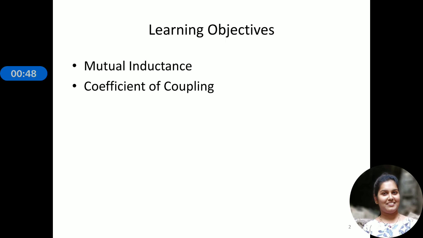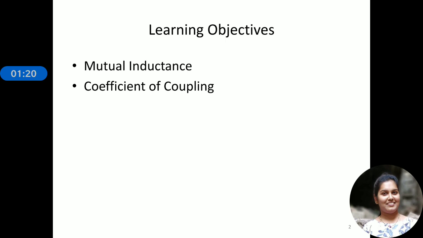In the previous class we have seen that an inductor generates an induced EMF within itself as a result of the changing magnetic field around its own turns. When this EMF is induced in the same circuit in which the current is changing, this effect is called self-inductance.